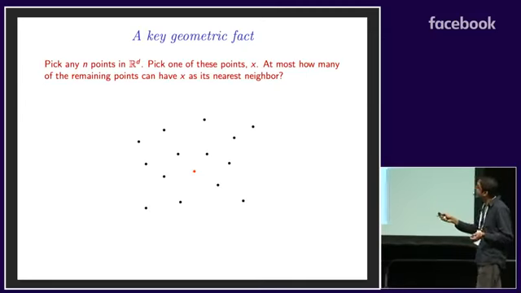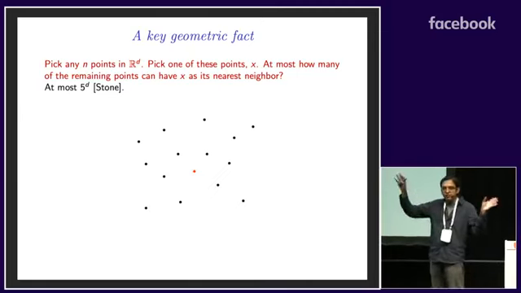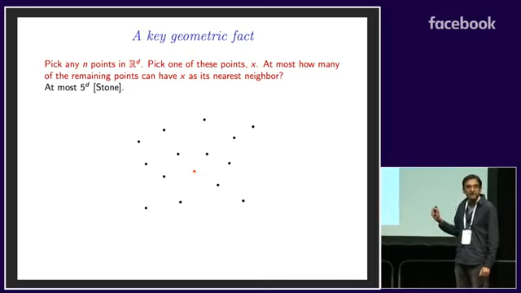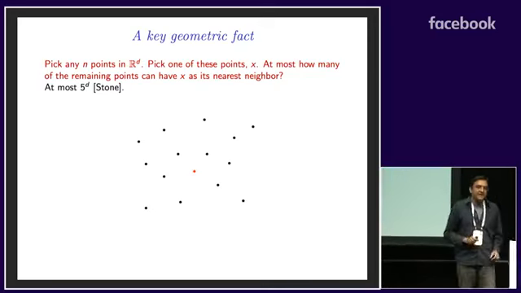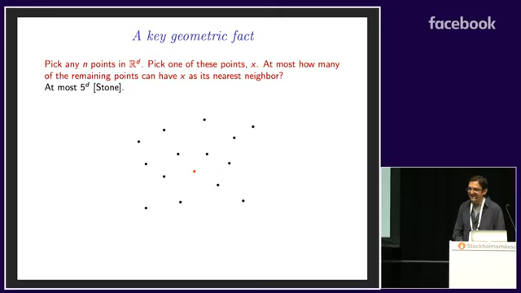It turns out that the answer is a constant number. No matter how large n is, any one point can be the nearest neighbor of at most a constant number of points. And I'll just briefly explain why this is the case.